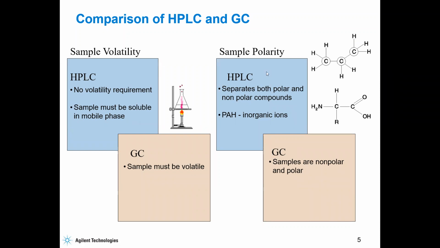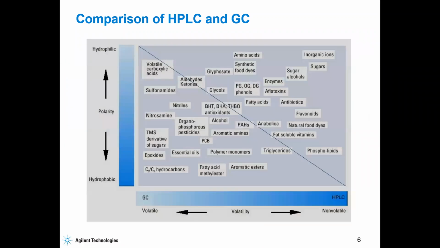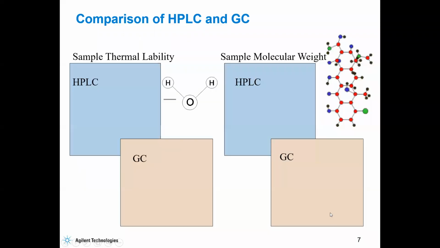So that's a basis of comparison. Whereas GC looks at the volatility of your sample, HPLC does not.